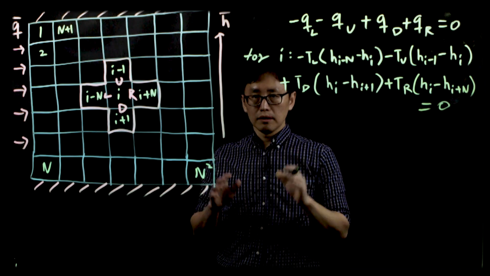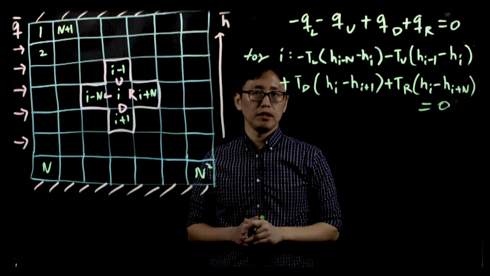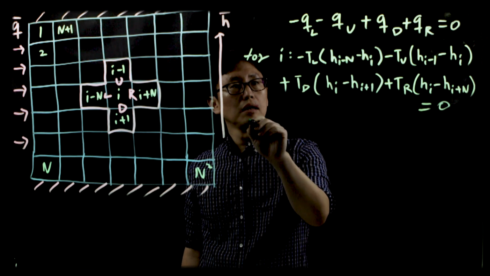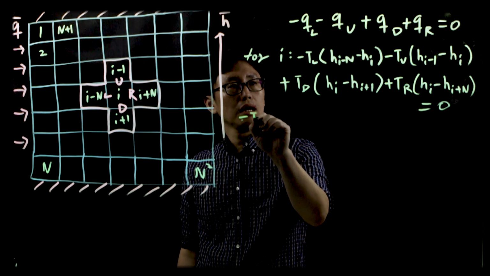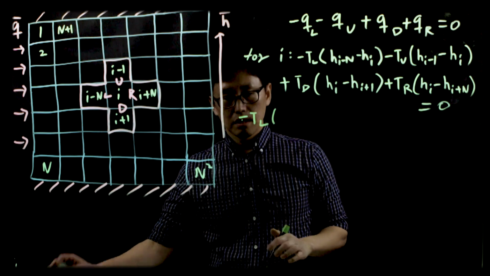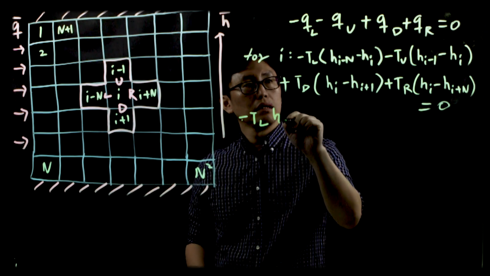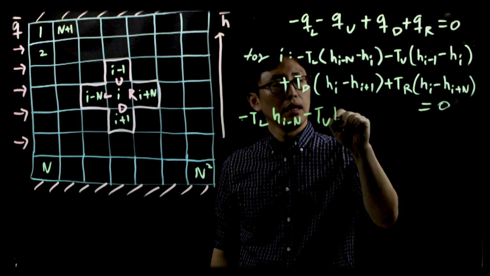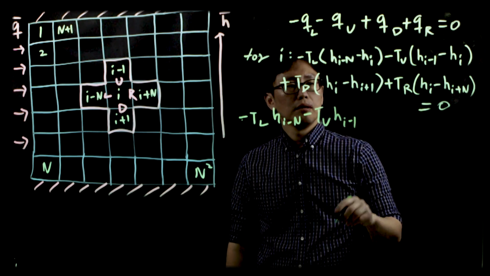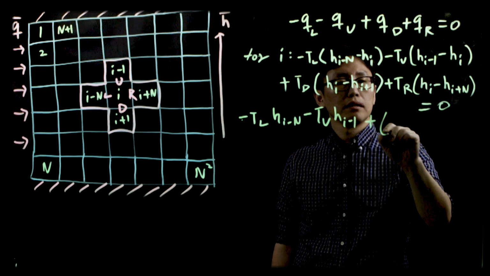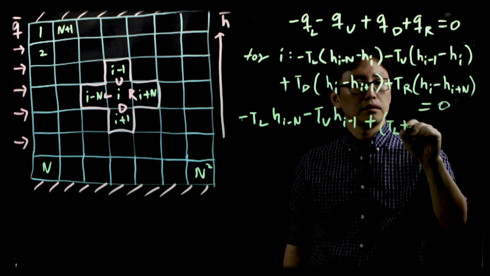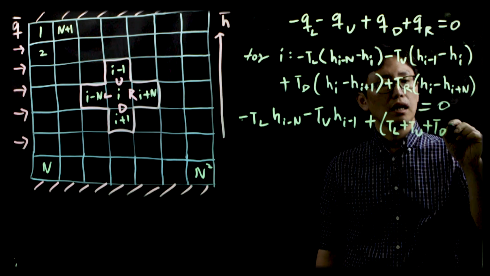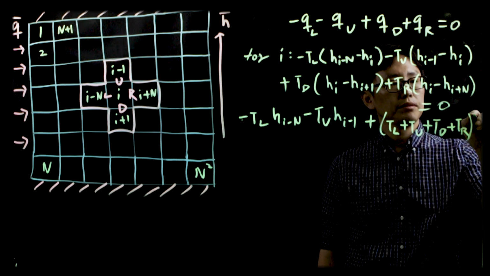And considering the final format that we will establish in terms of matrices, this equation can be written as minus TL times H_{I-N}, minus TU times H_{I-1}, plus (TL plus TU plus TD plus TR) times H_I, right?